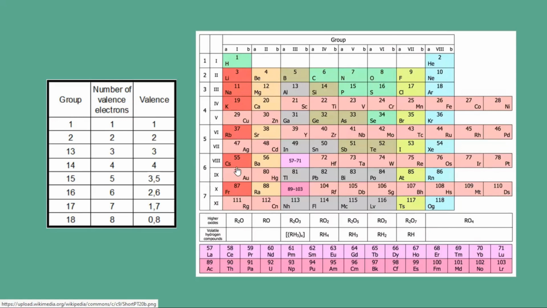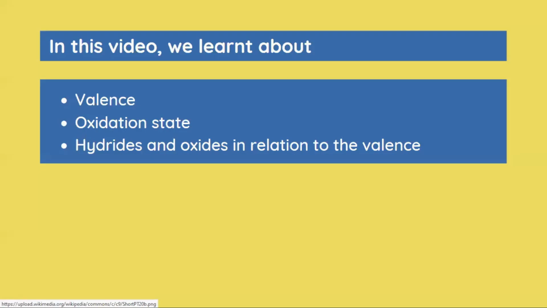And down the group, there will be no change in valency or the oxidation state because each group will have the same number of electrons in the outermost shell. So they have the same valency. That's the characteristic of a group. Now, here, if you see, you have various formulae of hydrides and oxides of various elements. So with that, I believe we are done with the valency and oxidation states.